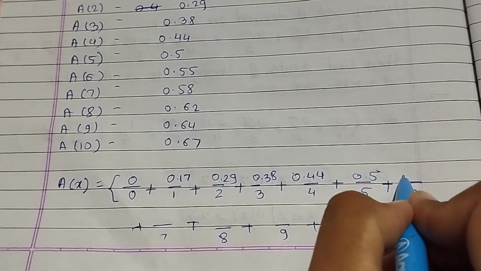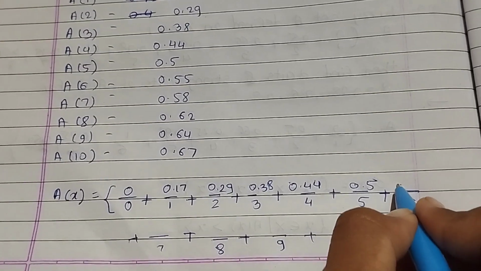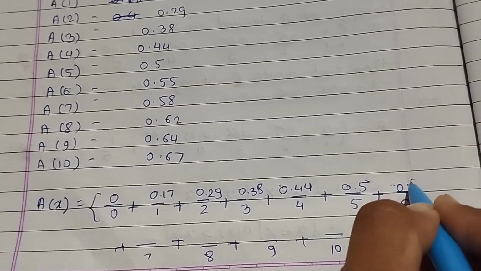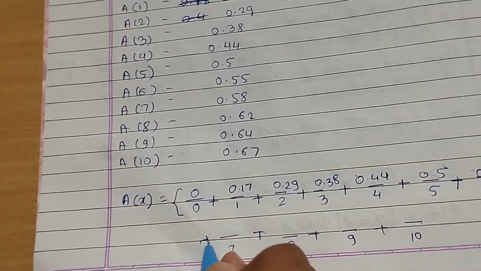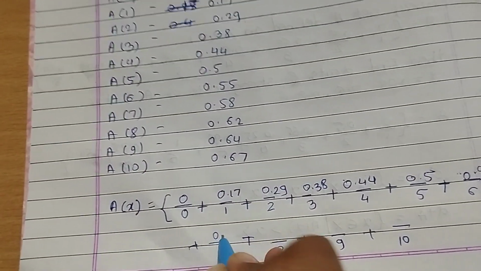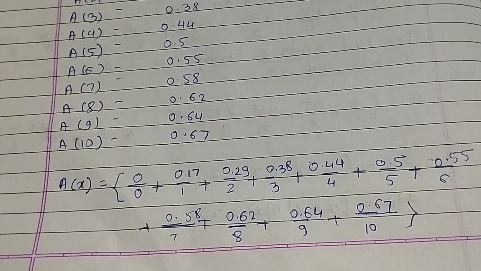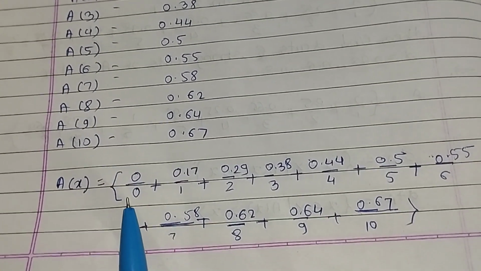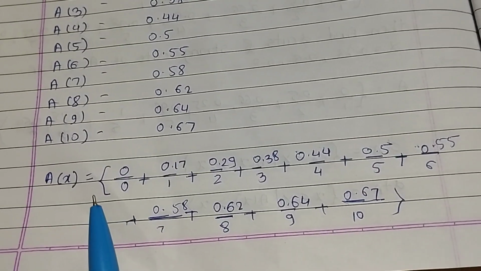Always the images belong between 0 and 1. So in this way we write our fuzzy set A of x.